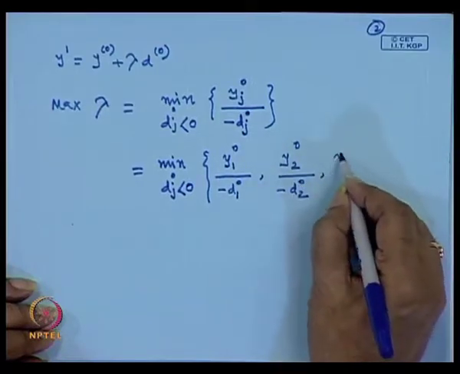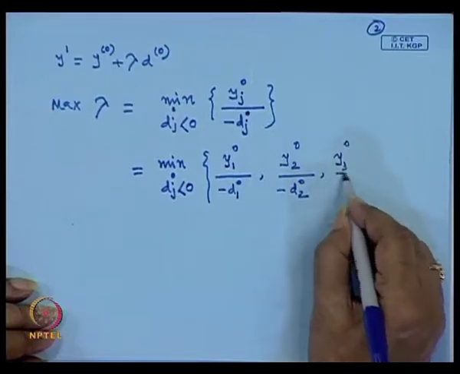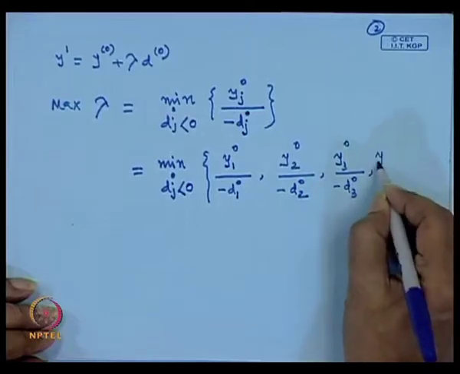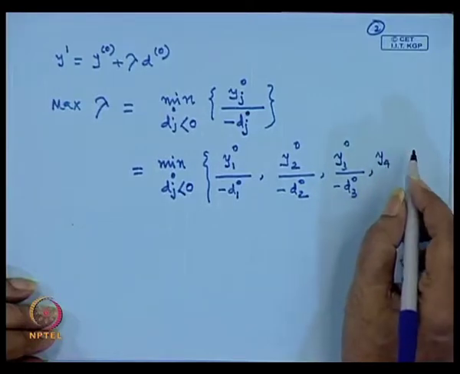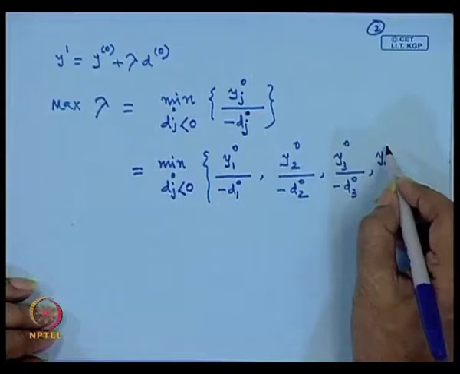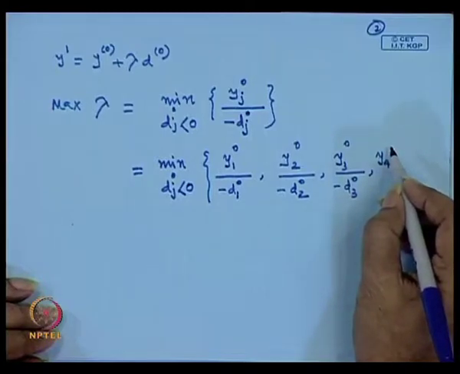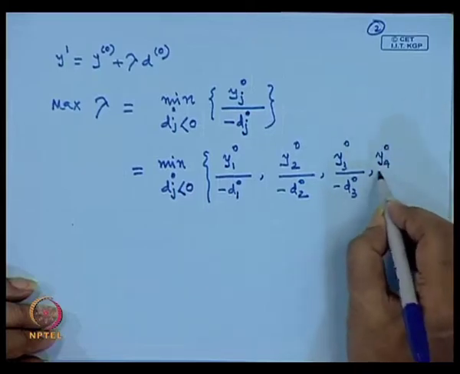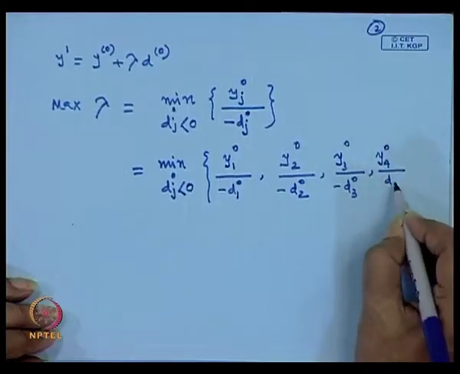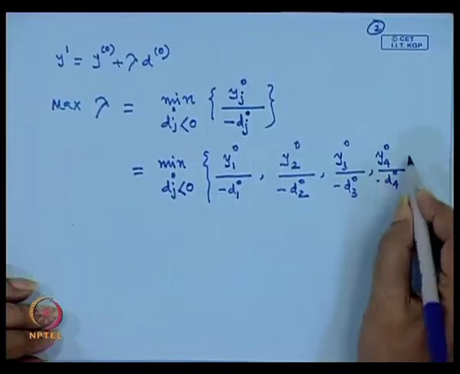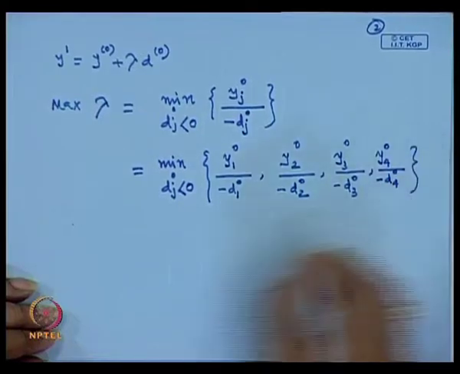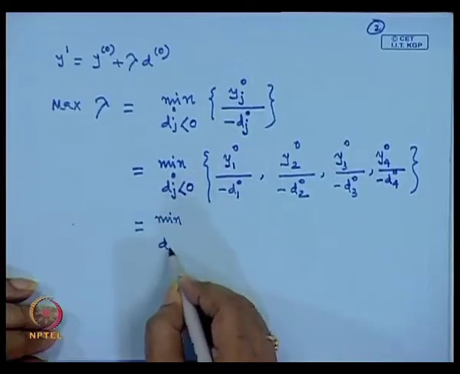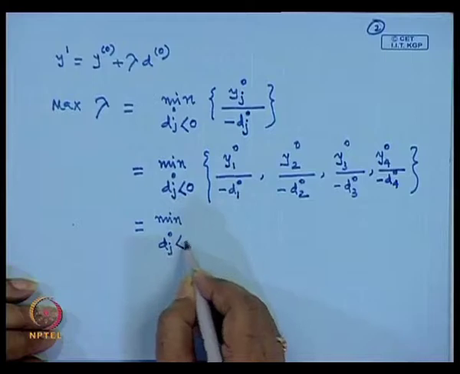Then the third one is y3 superscript 0 minus d3 superscript 0, and the last one is y4. y has 4 coordinates. When you convert the standard LP problem into a scaled LP problem by transformations, then this is equal to d4 superscript 0 minus. So, you compute this one, the minimum of lambda j superscript 0 less than 0.